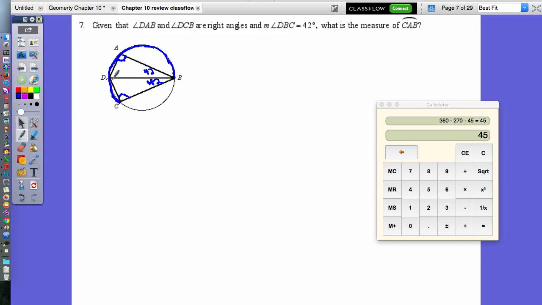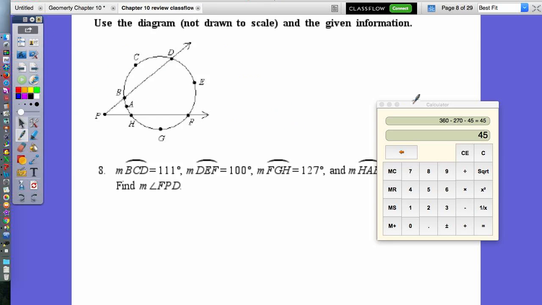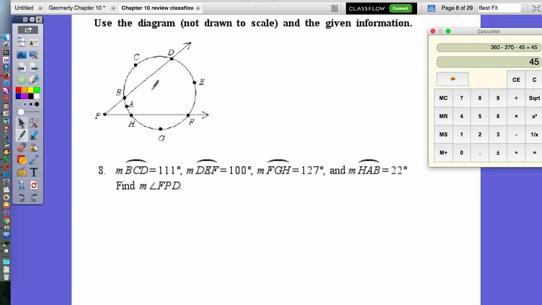This is 42. It's an inscribed angle. It creates this arc. So that's going to be twice that. So that's going to be 84. So 180 plus 84 is 264.